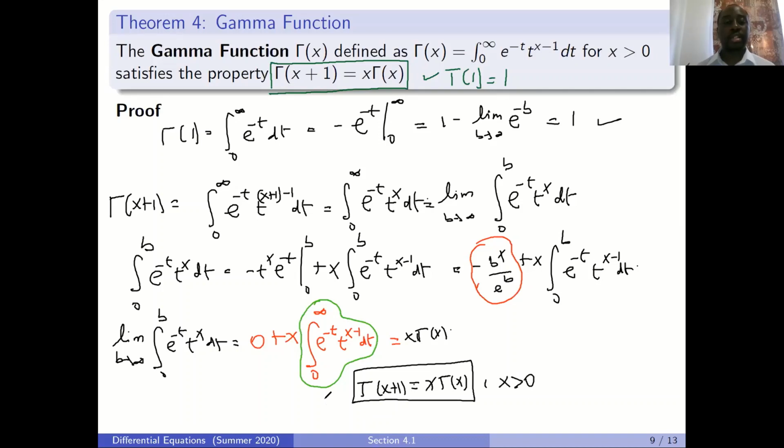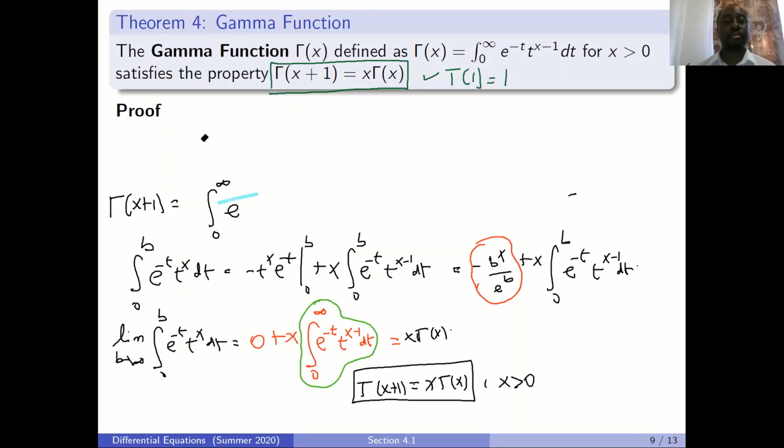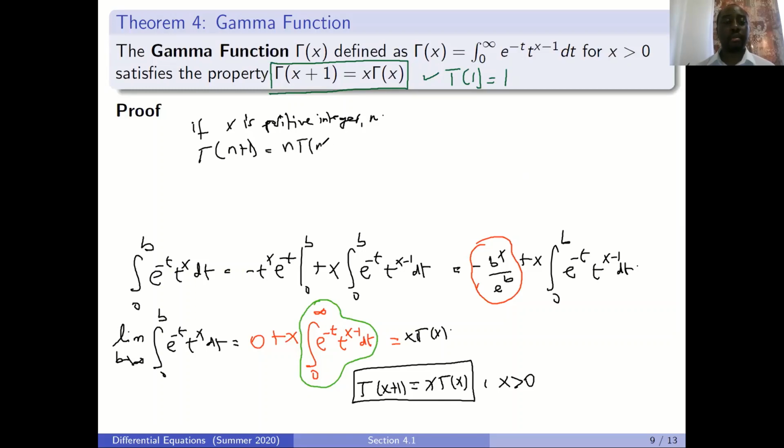Now, if x is an integer, there's a very important corollary of this theorem, one that you would find very, very interesting. So if x is a positive integer, let's call it n, then gamma of n plus 1 is n times gamma of n.